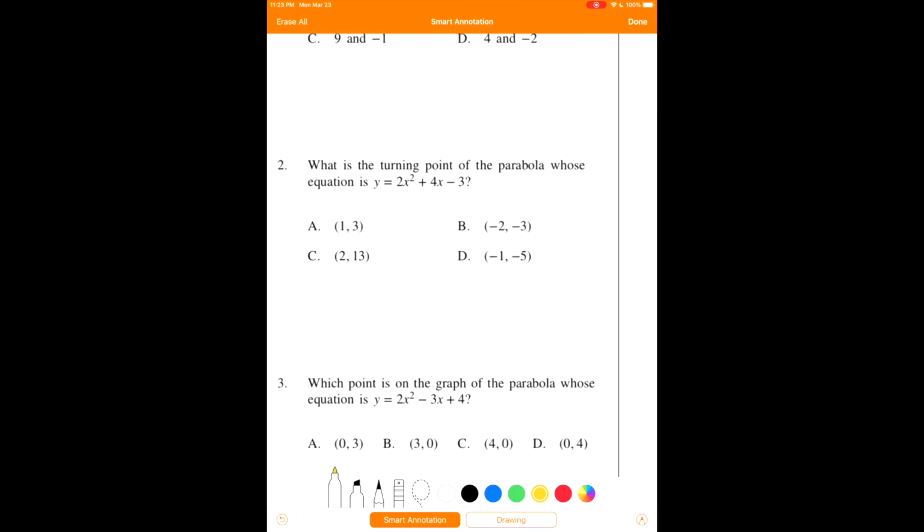And then question 2, what is the turning point of the parabola whose equation is 2x squared plus 4x minus 3?